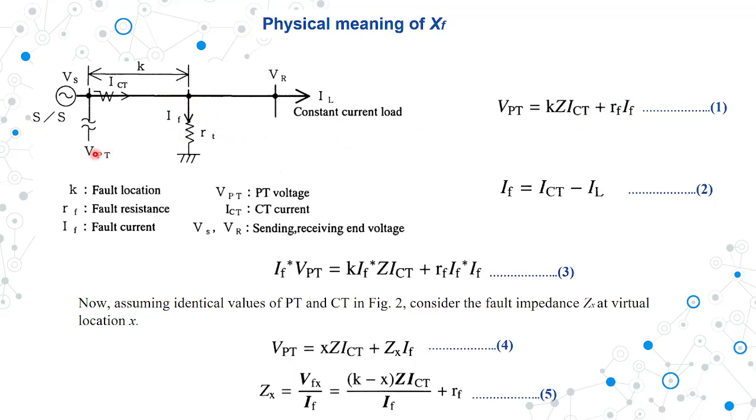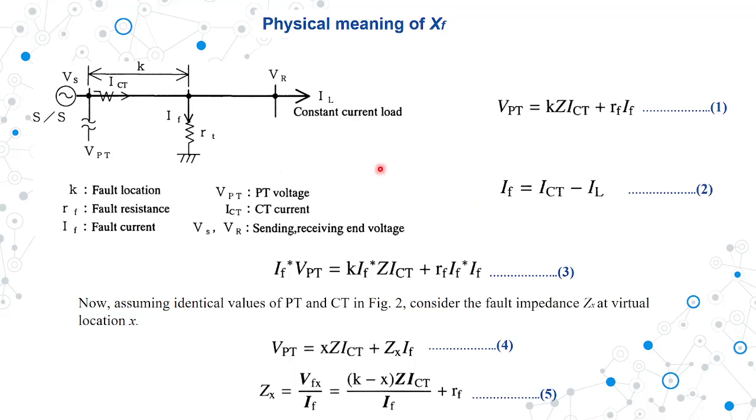So V equals K times the impedance Z times the CT current ICT, plus RF times IF. This is the equation we get from the above transmission line.